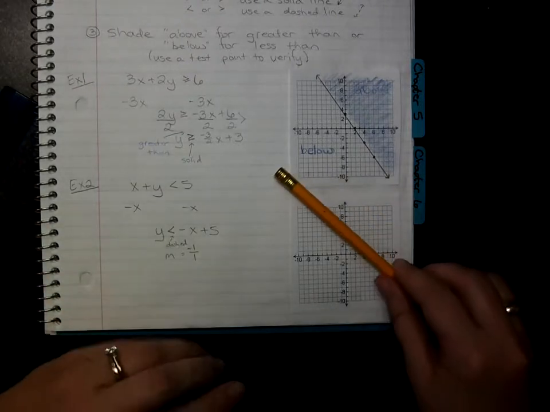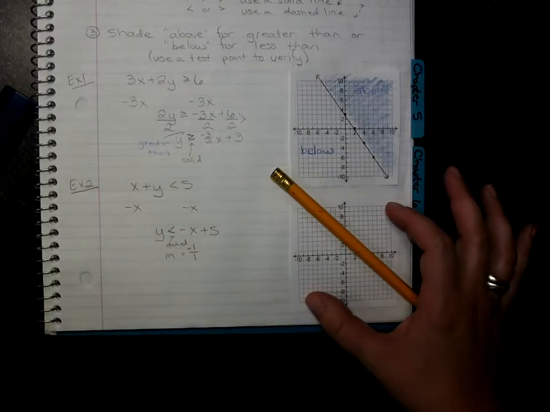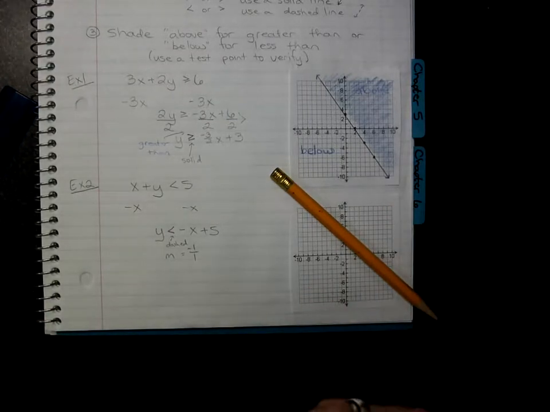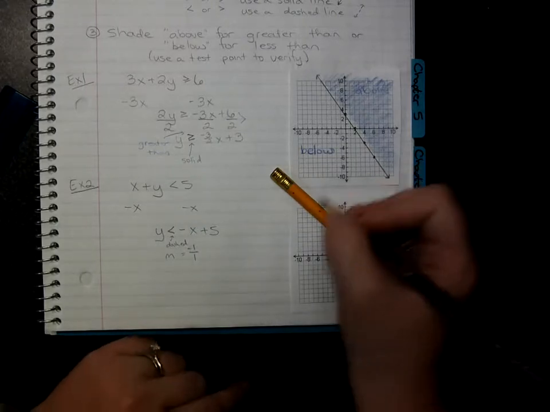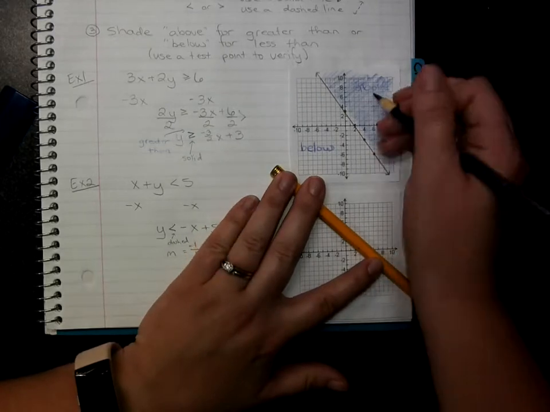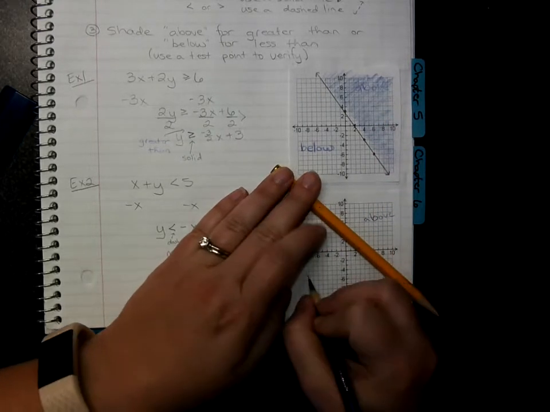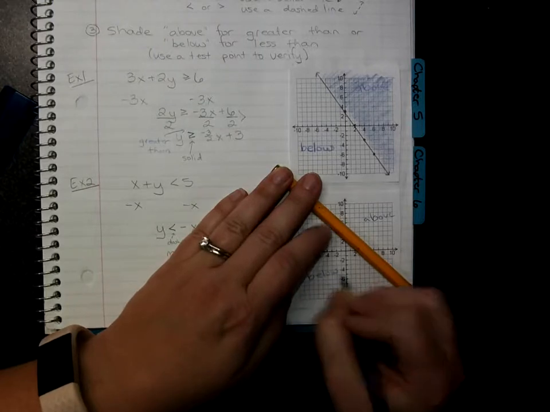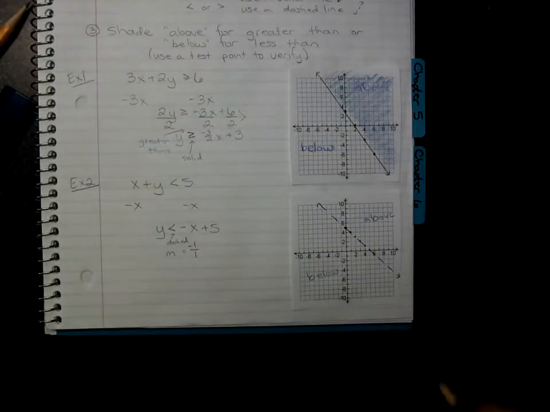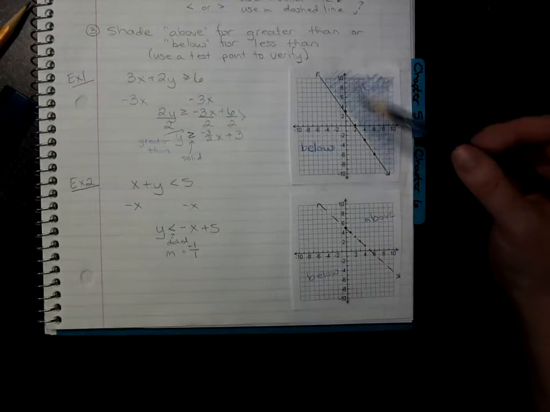Then you think of that line as dividing your page in half. This is similar to example 1. You have to visually decide what's above the line and what's below the line. Like if you were to write your name, which way would be on the top? In this case, this is above the line and this is below the line. So you just have to make that decision, and again, you can do that visually or you can use a test point.